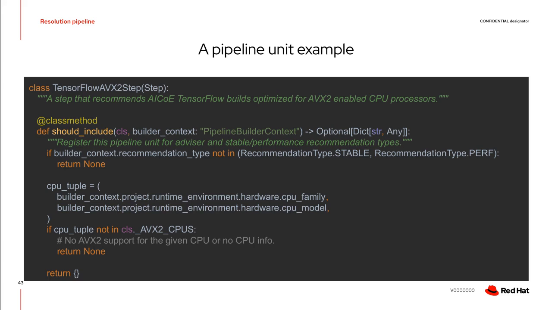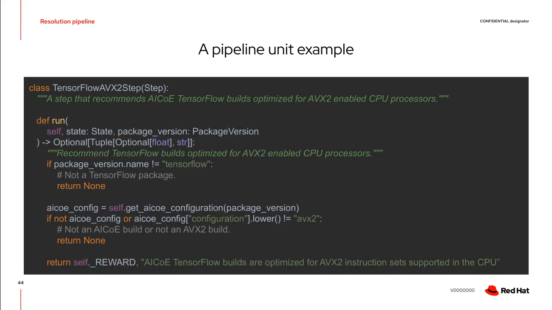The semantics behind this class method is that if it returns None, the pipeline unit is not included, and if it returns a dictionary, then it is included. The dictionary has special meaning. I don't want to go into details, but there is a reason behind returning a dictionary. Then there is another method that is called run, and this corresponds to the action that is performed in the MDP.